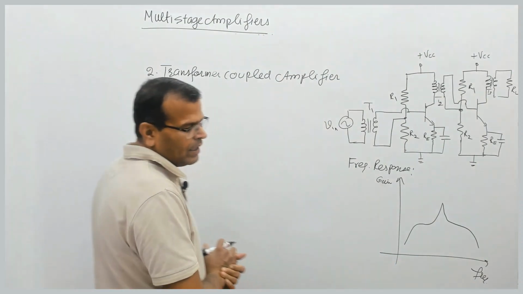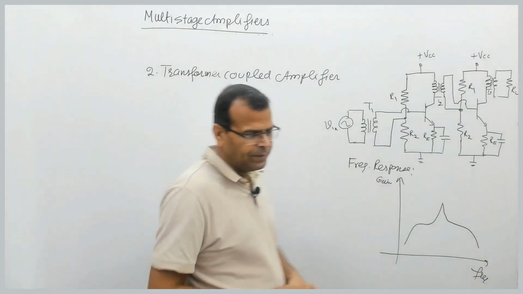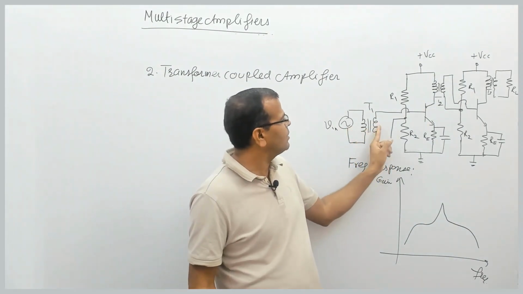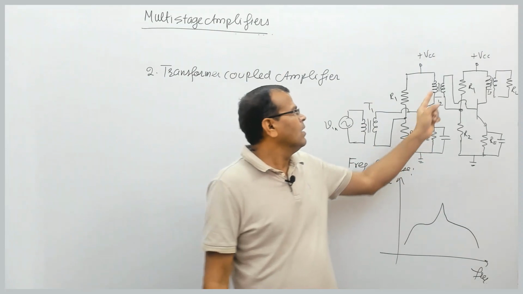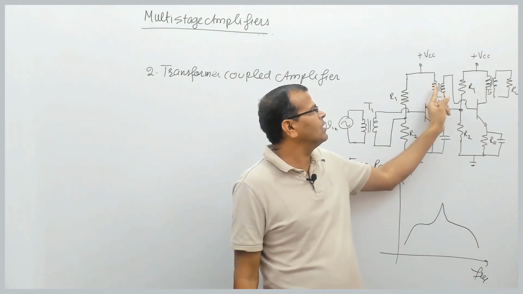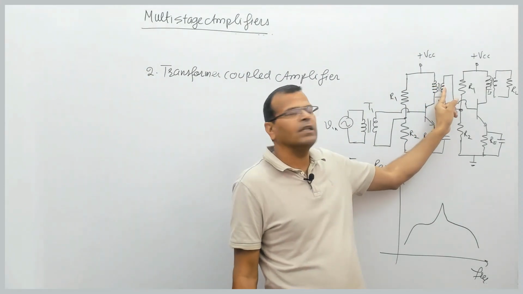And then here you can see the AC signals are passed by transformer, but remember transformer is basically a coil. The primary winding is a coil, secondary winding is a coil.